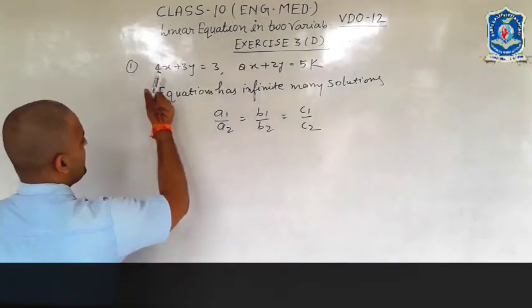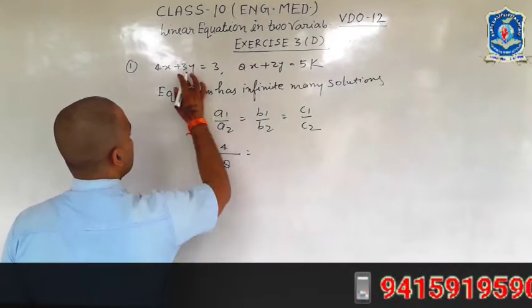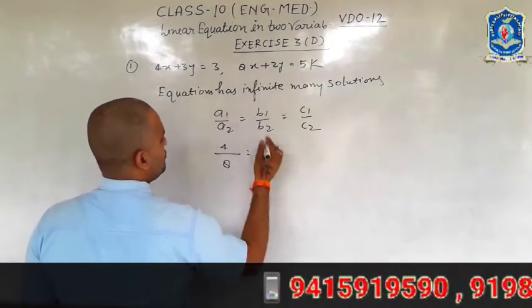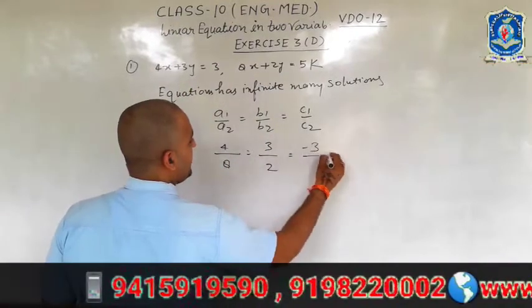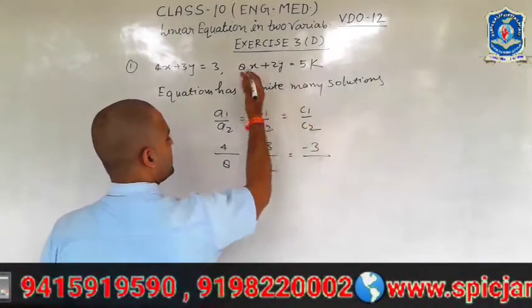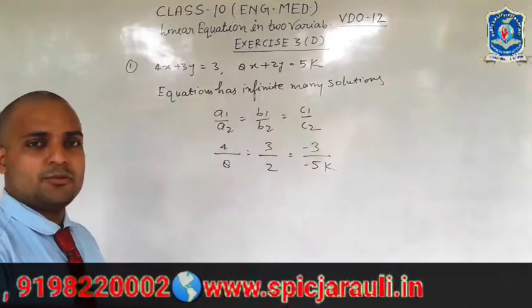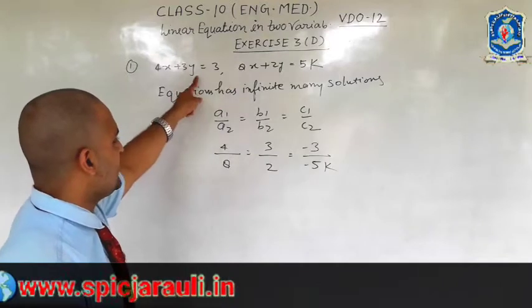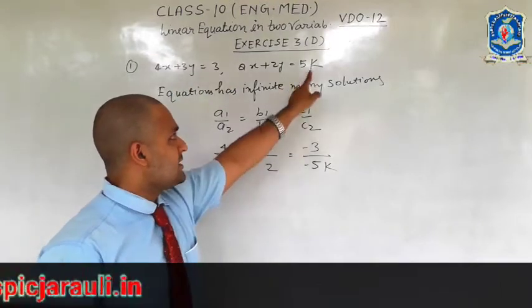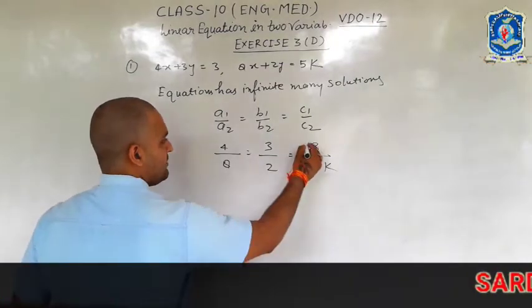Let's see. a1 is 4, a2 is 8, b1 is 3, b2 is 2 and c1 is minus 3, and c2, bringing it forward here, is minus 5k. Any problem? This is the constant term, so when brought forward it will take a negative sign, and this too will have a negative sign, so they will cancel.